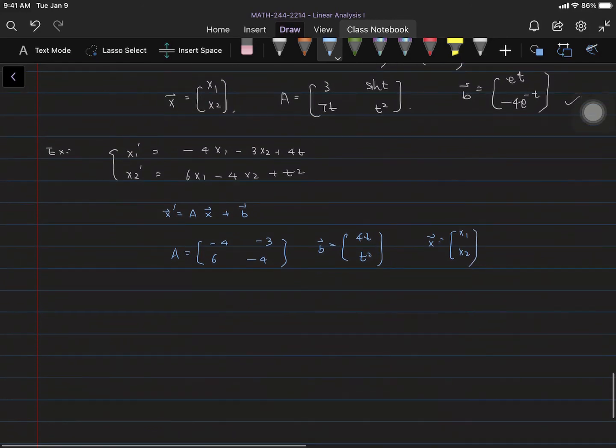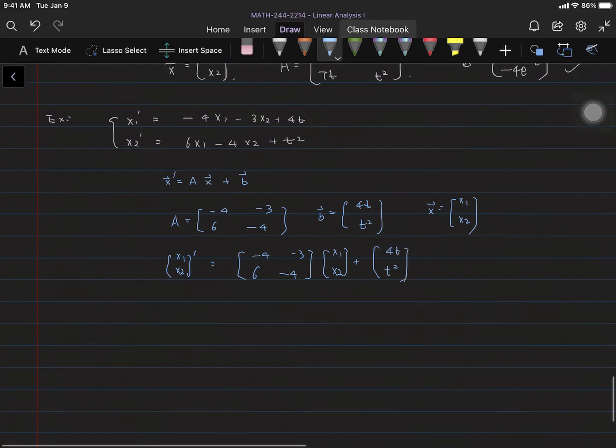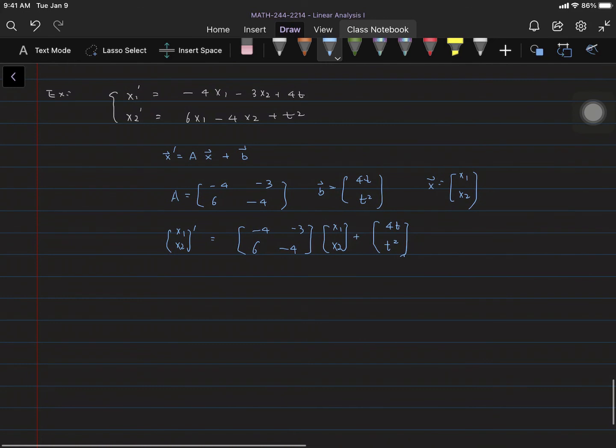Or you can write it like this: the derivative of x1, x2 equals Ax plus B, where B should be 4t, t squared. Okay, we can stop here for this section.